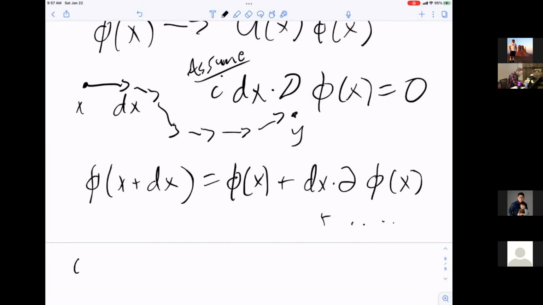And if we recall what my covariant derivative is, it's my normal derivative plus the action of my gauge field. Which means in this term right here, I can get rid of my normal derivative and I can put my gauge field in there instead.